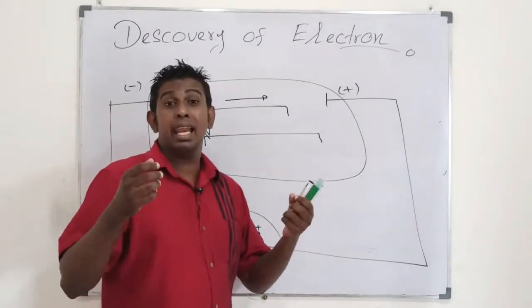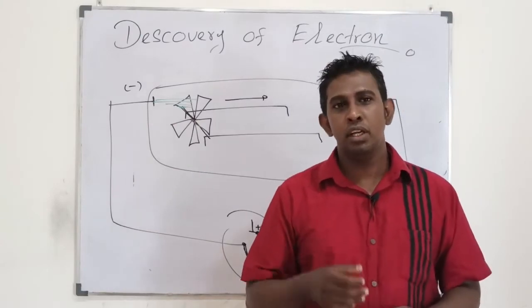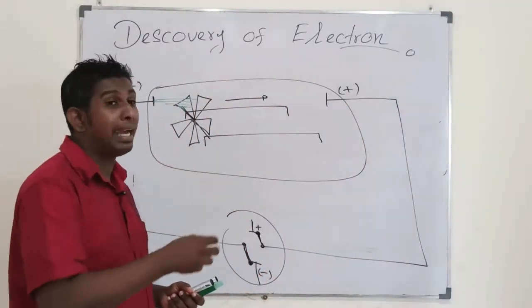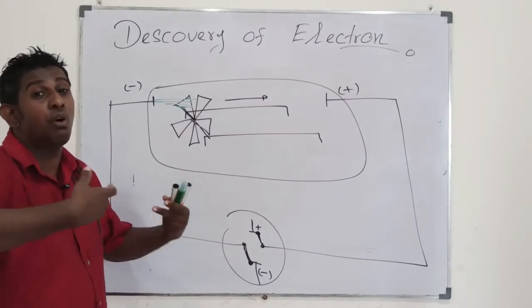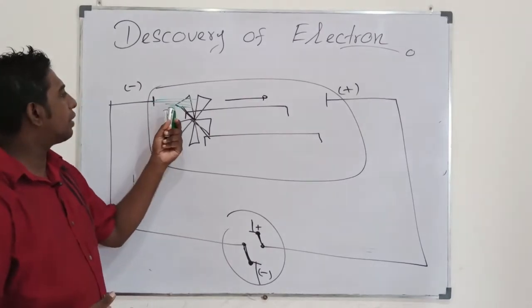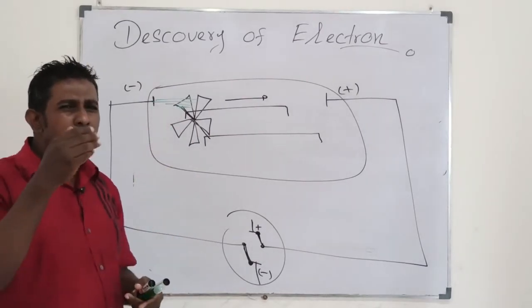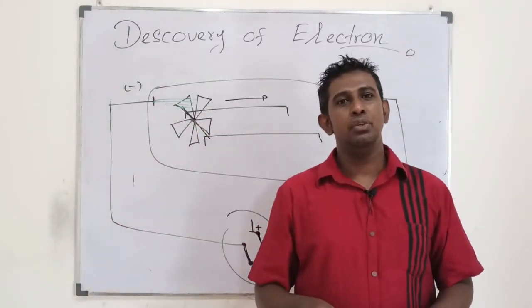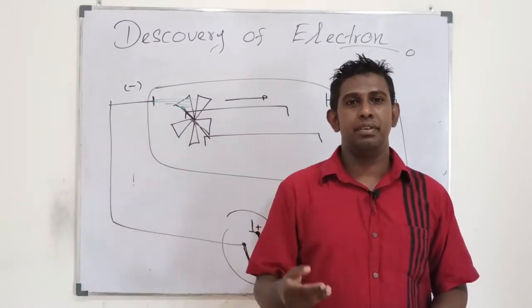So explaining and analyzing those observations, what Thomson told was that to roll that paddle wheel, you need to be able to insert an imbalance force with cathode rays upon the paddle wheel. To insert an imbalance force, according to Newton's second law, you need to give a momentum difference.